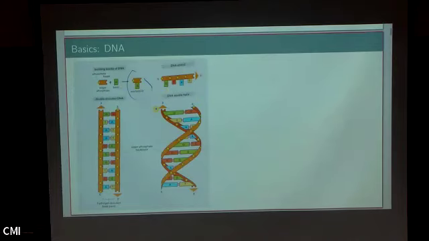That is, G likes to bind up with C, A likes to bind up with T. So when you have 2 single strands of DNA, and the pairs match, so if you have G, T, A, C on one side, but C, A, T, T, G on the other side, they will instantly kind of match up and form a double-stranded thing, which in turn forms this helical structure, which is what we all know.